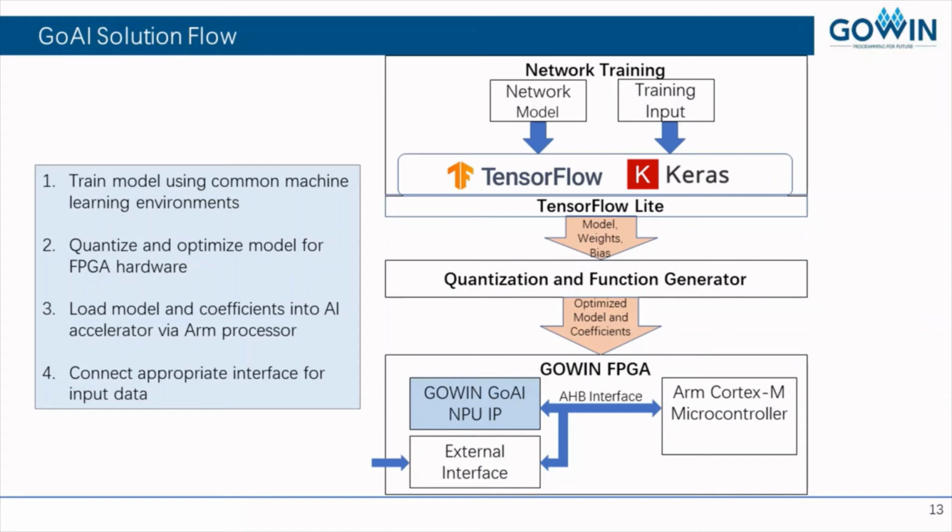So we're going to grab the COCO data set, and we're going to parse that for person, no person. And then we're going to grab a model. In this case, we're going to use MobileNet v1. And then we're going to train that model to detect person or no person. We're going to do that in TensorFlow and Keras.